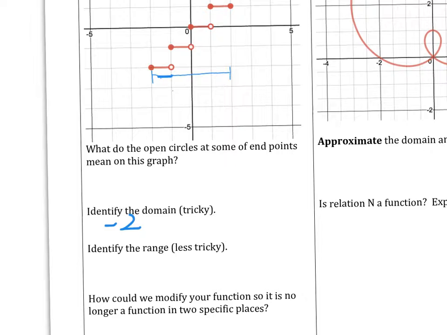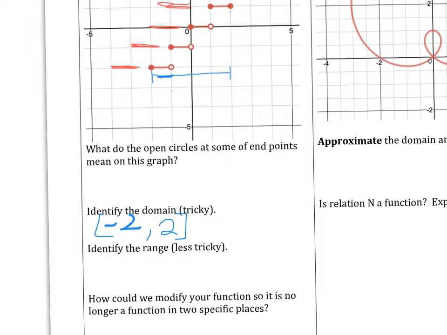In terms of indicating this as an interval, I might do this with 2 closed endpoints because both endpoints exist. The range here, I say it's less tricky, but it's also a little bit more tricky because the range only exists at very specific values. So the range exists here, and then again here, and then again here, and then again here.